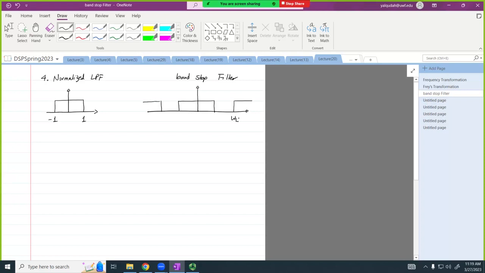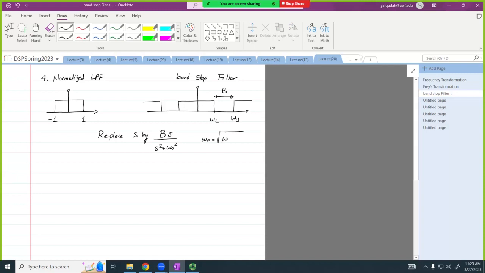So this is our upper, and this is our W lower. This is the bandwidth. And similar to the band pass filter, if we replace S by B multiplied by S divided by S squared plus omega 0 squared, then we're going to convert the normalized low pass filter into a band stop filter, where omega 0 and B have the same definition.